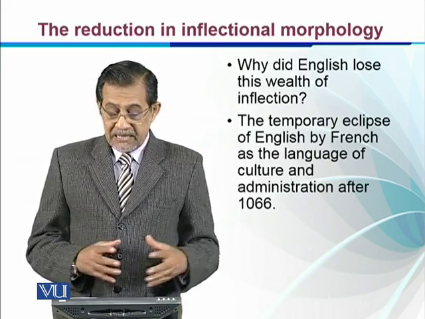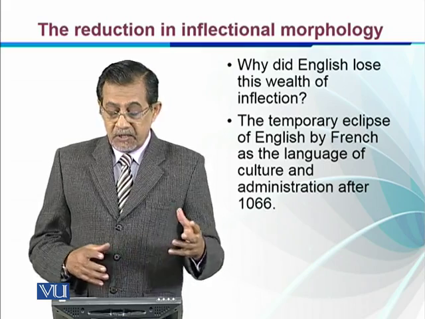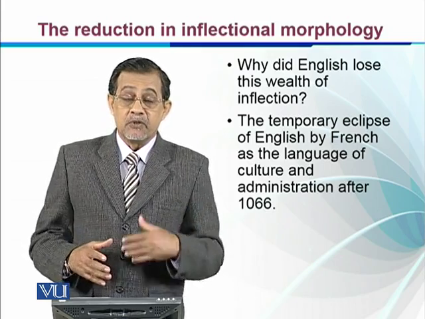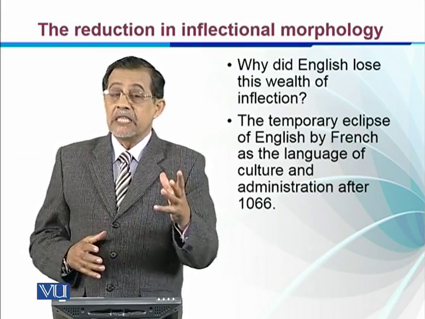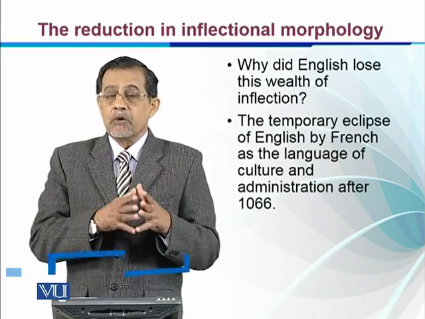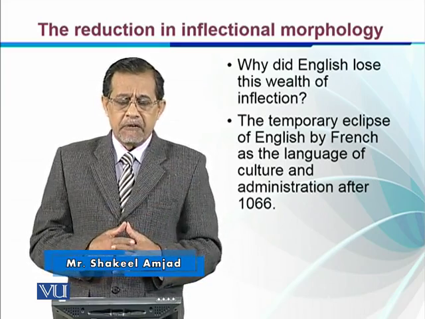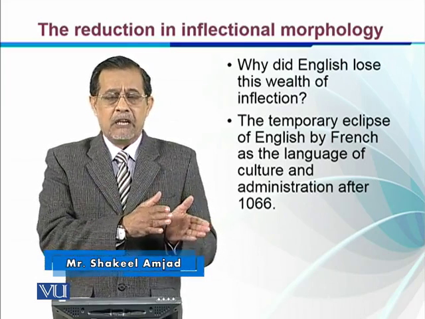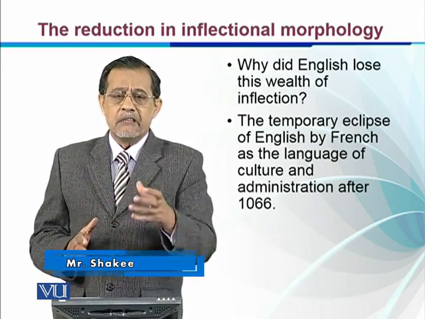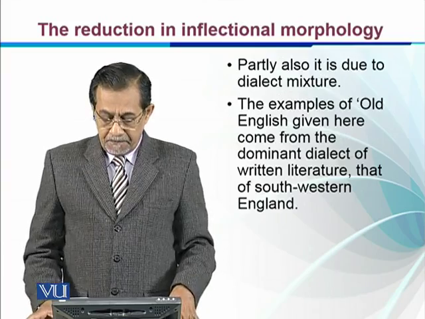So the temporary eclipse of English by French as the language of culture and administration after 1016. So this was because of French language influence, the influence of the French people who exerted their pressure on the English language, and the rich inflectional categories of English language reduced to very few categories.